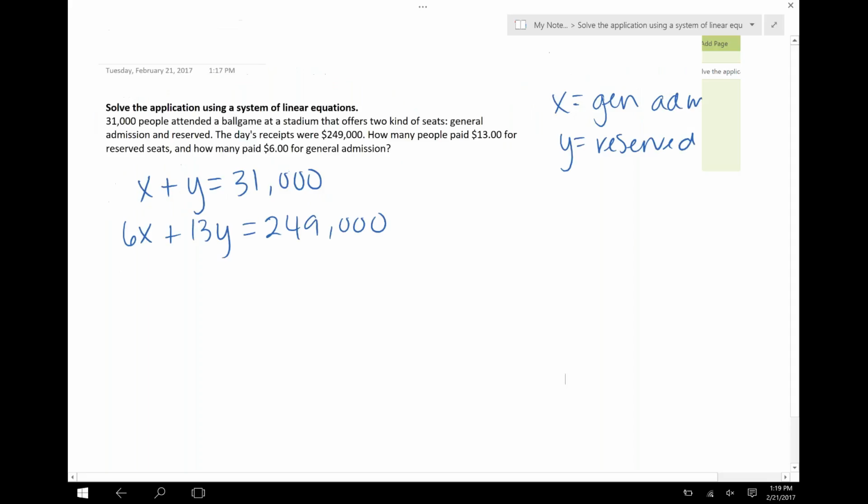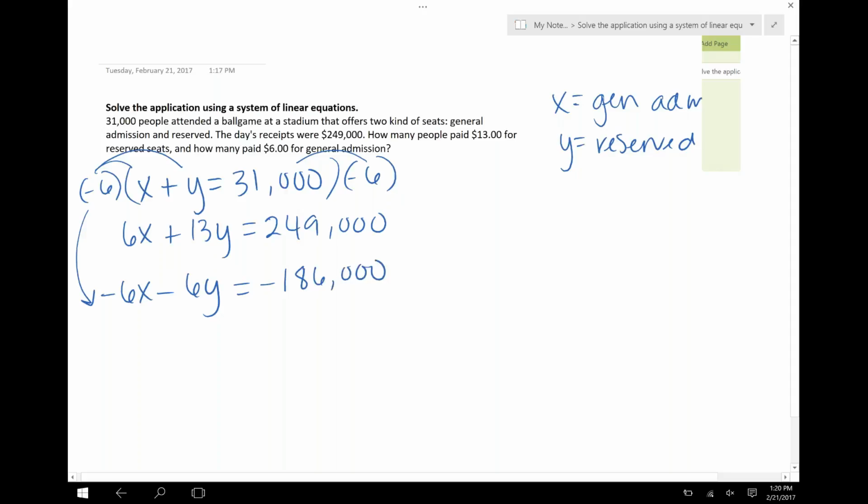So I'm going to multiply the first equation by -6. So then I'm going to have -6x, if I distribute, -6y, and then -6 times 31,000 is going to be -186,000.